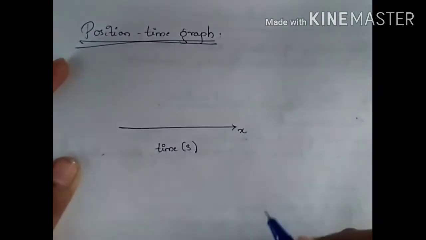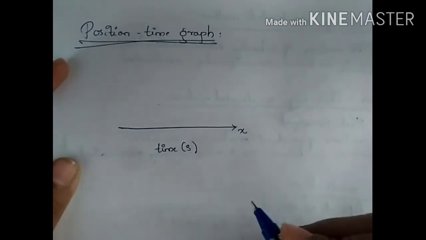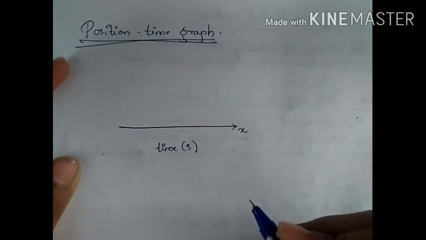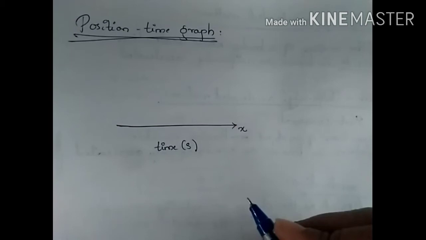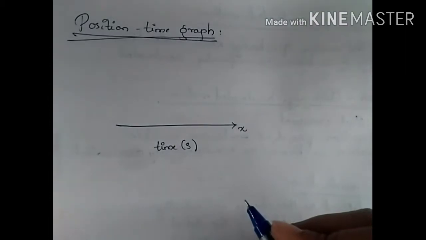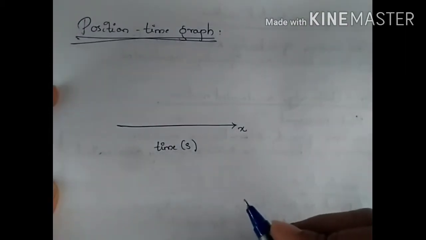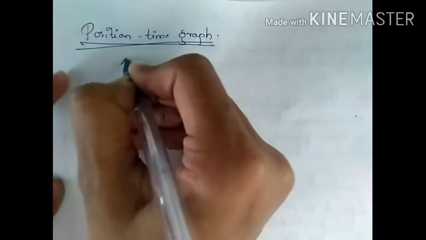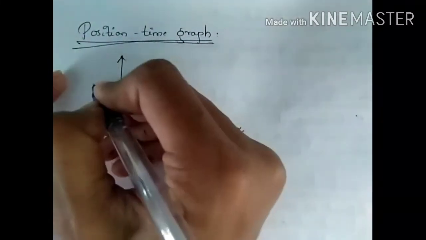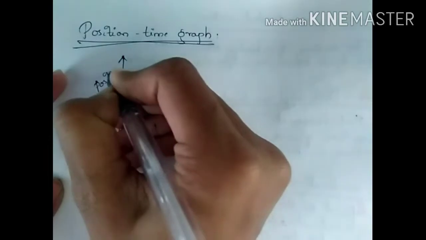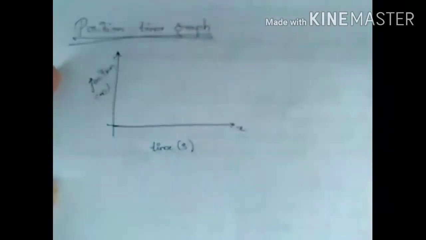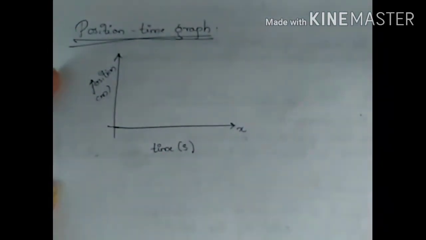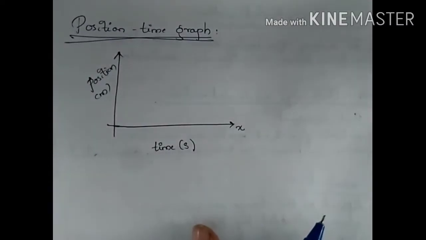When the position of a body moving along a straight line is known at different instants of time, a graph can be drawn taking the position x coordinate along the y-axis and time along the x-axis. So in the y-axis you have the position. This is known as the xt graph.